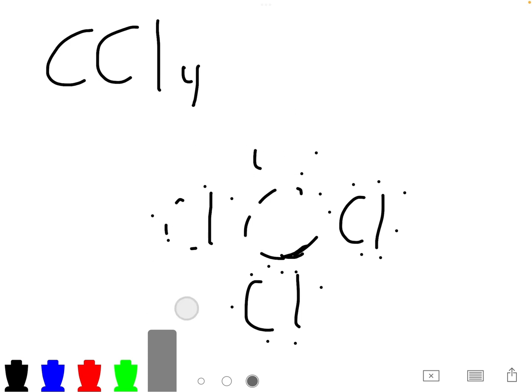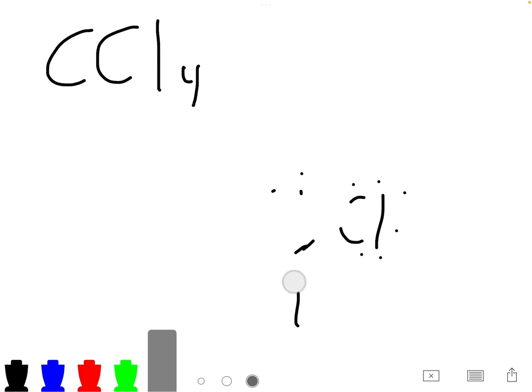And then for the geometry portion of it, it is also tetrahedral. So it is going to look like this.